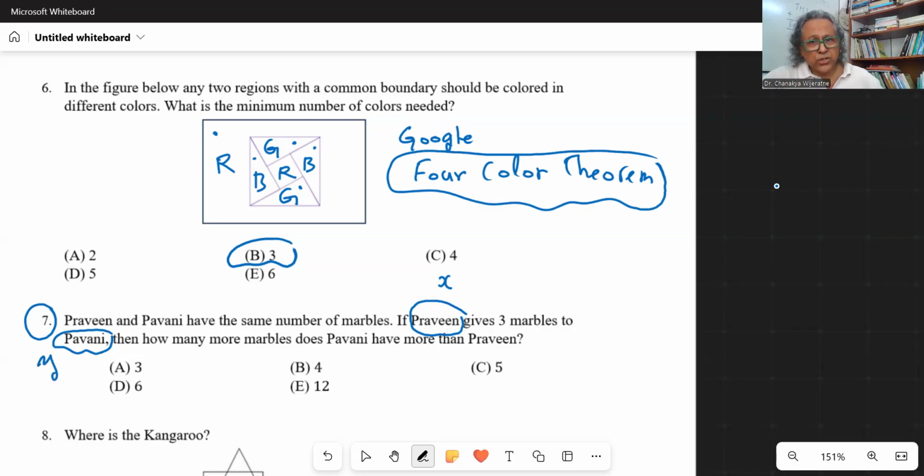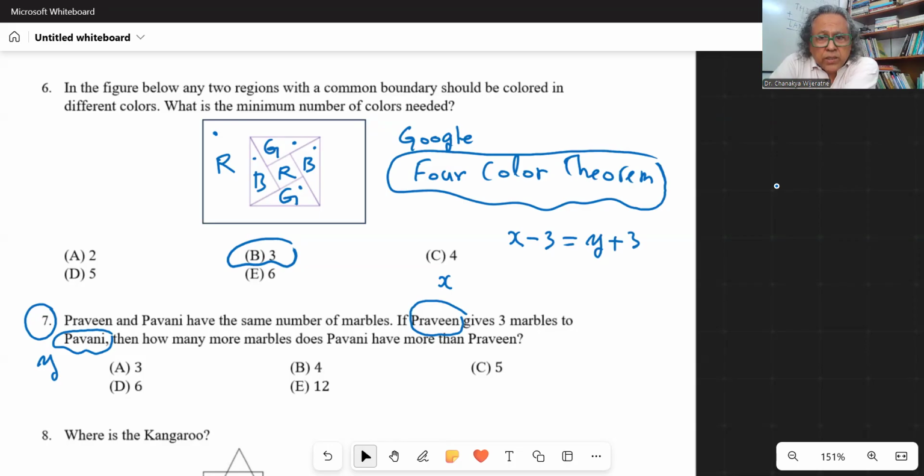But before the donation, the donation was 3 marbles. So X minus 3 should be equal to Y plus 3. Now this is actually what Pavani has now.